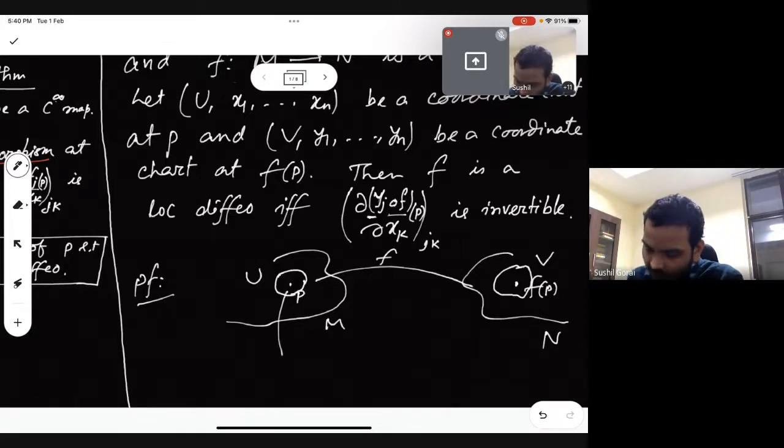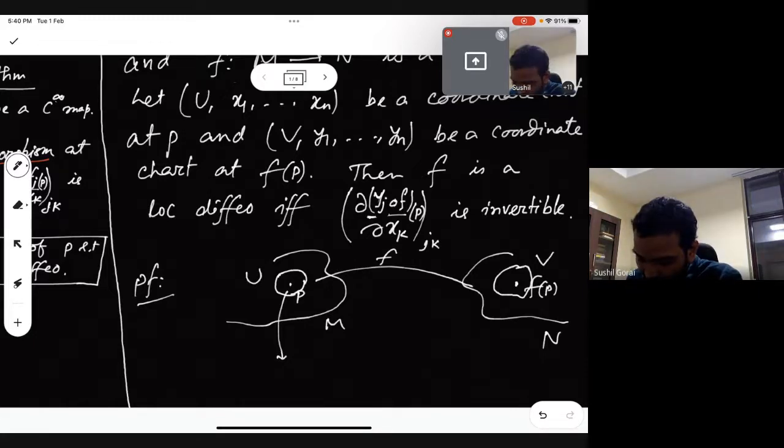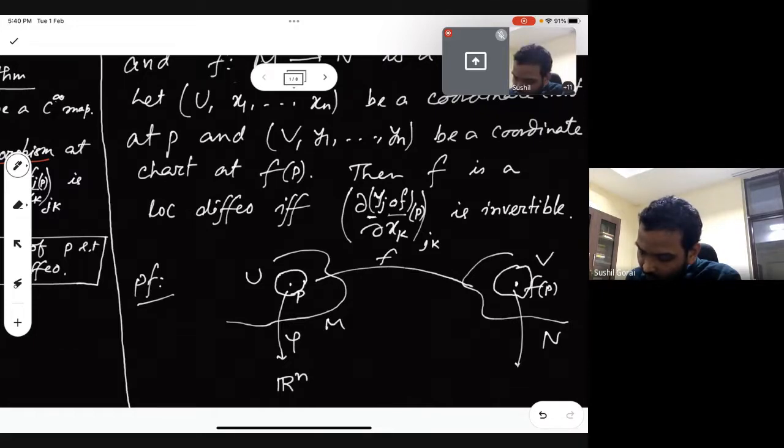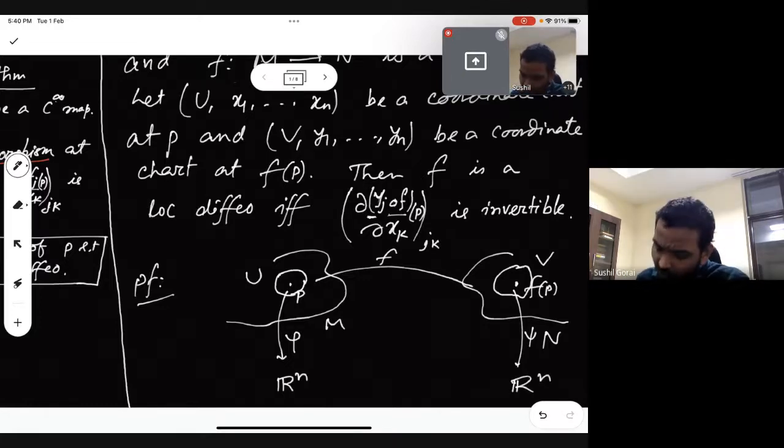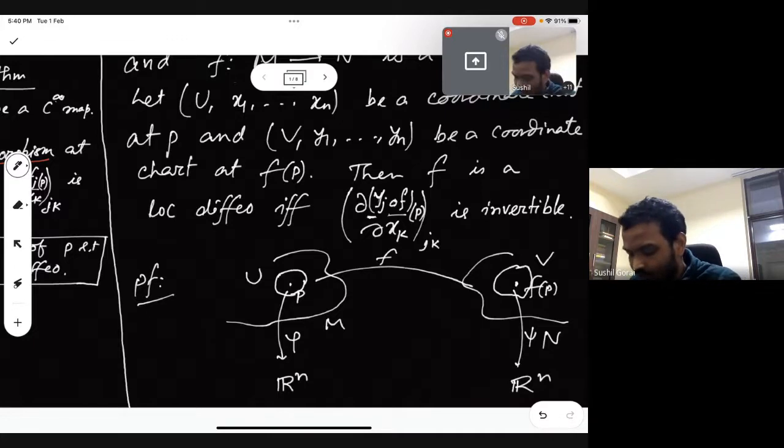The coordinate systems give maps, let's call it phi, taking U to some open subset of Rn, and here it is psi, going to some open subset of Rn. This picture should be in your mind. Now let us look at what we mean by this partial derivative ∂(yj∘f)/∂xk.